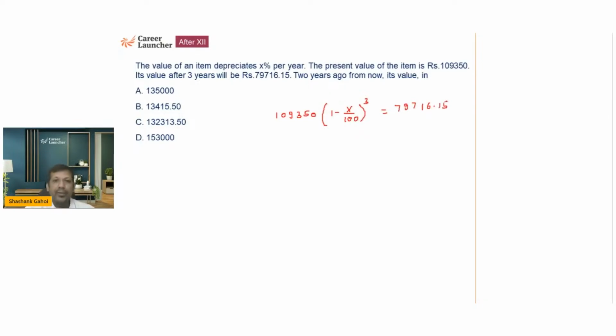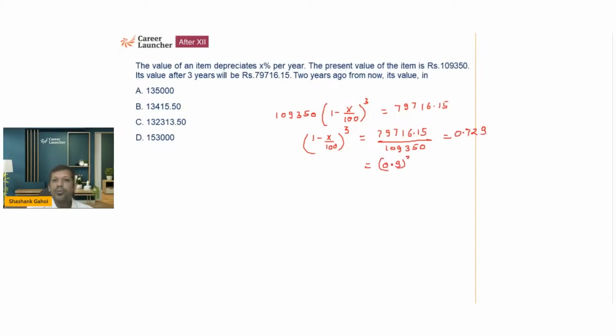Now what I am going to do is say that (1 minus X divided by 100) to the power 3 is equal to 79716.15 divided by 109,350. When you solve this, you get 0.729, and that is actually equal to 0.9 cube.